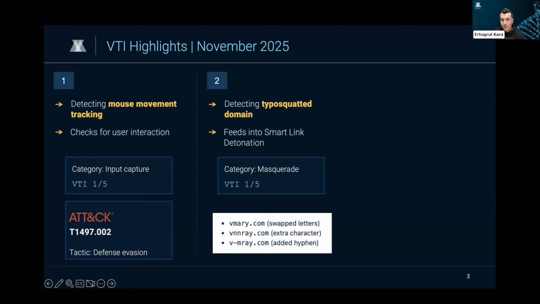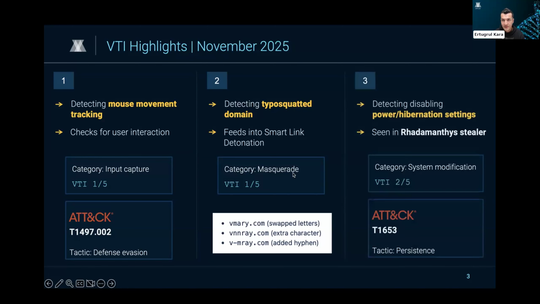And the next one is quite an interesting move. The malware doesn't want the host to sleep or hibernate. It messes with powercfg, if you're familiar, to keep the machine alive. I mean, it's likely to keep its malicious process running uninterrupted. This is actually mapped to a MITRE technique, power settings.